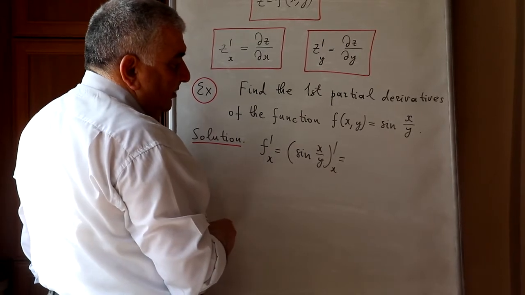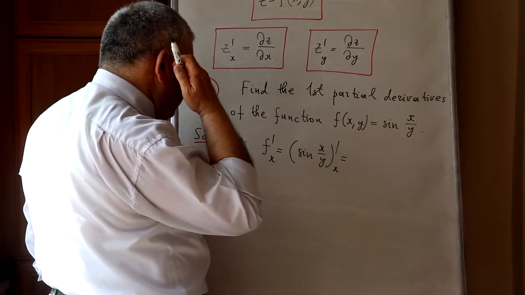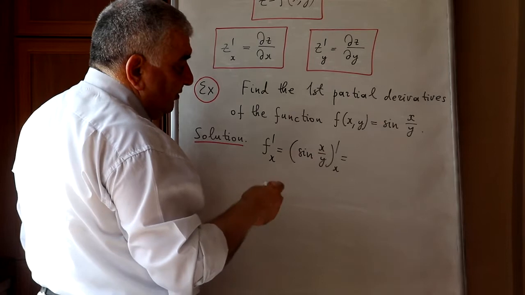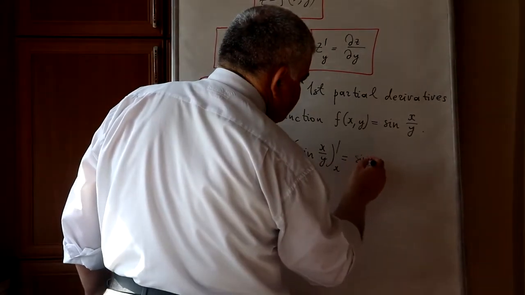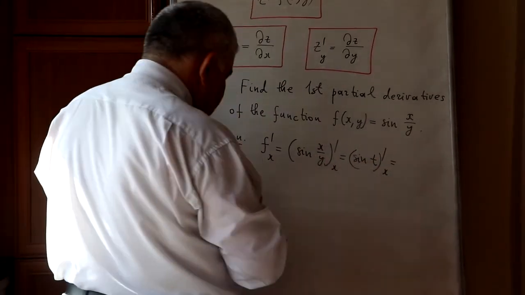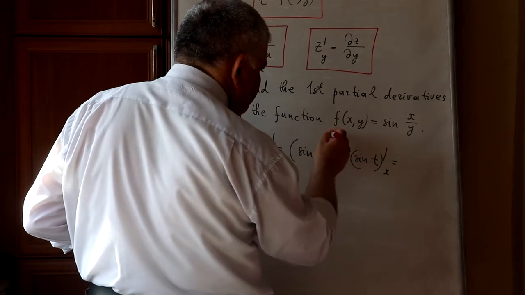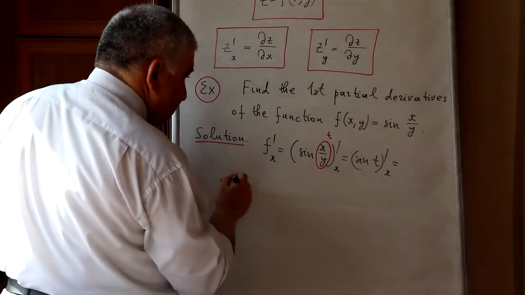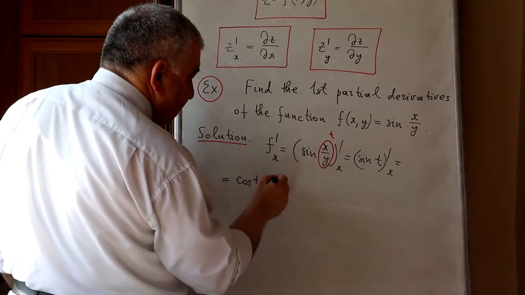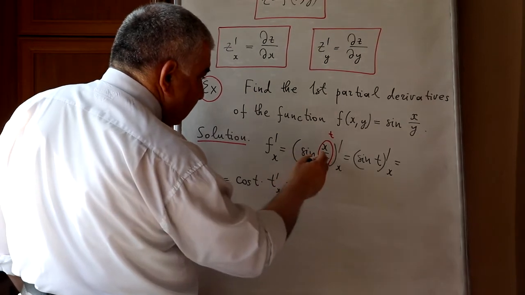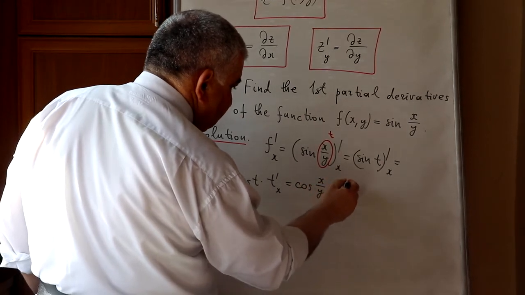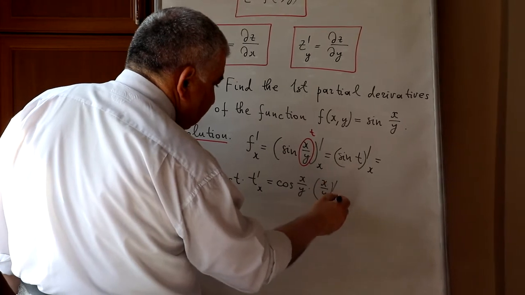Denote x over y by t, then we will have sine t, prime with respect to x. Here x over y is t. Then it is equal to cosine t multiplied by t prime with respect to x. Cosine t is cosine of x over y multiplied by x over y prime with respect to x.